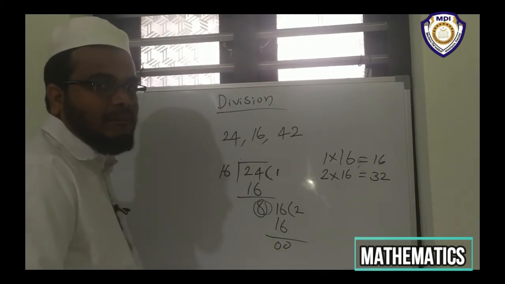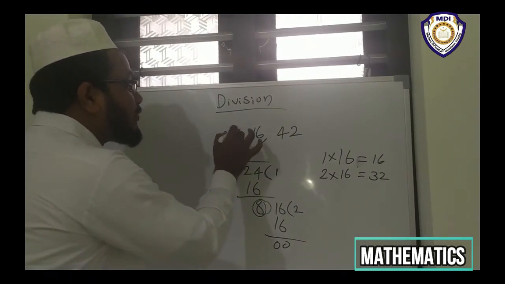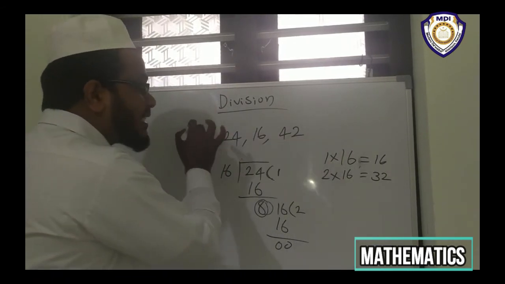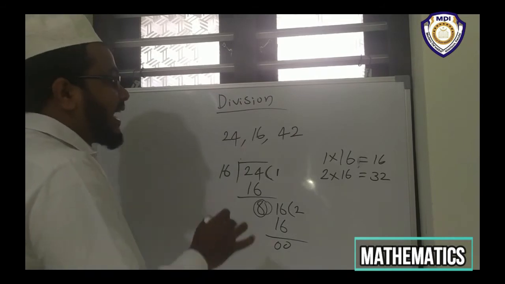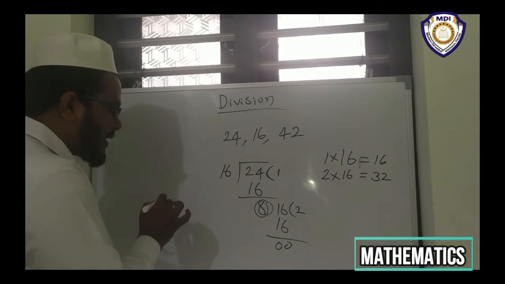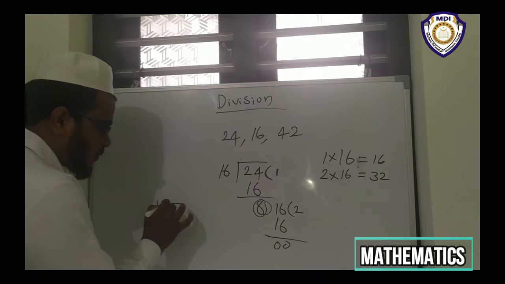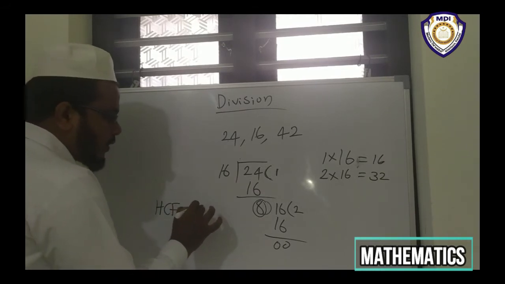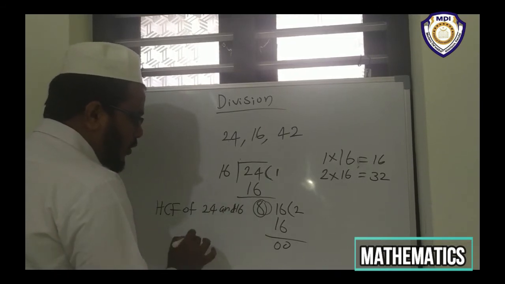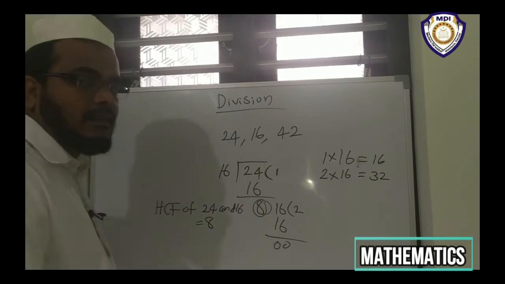The last divisor is the HCF of 24 and 16, not the HCF of all the numbers, but of 24 and 16. So let us write here: the HCF of 24 and 16 is equal to 8.